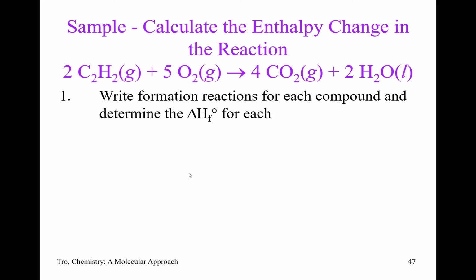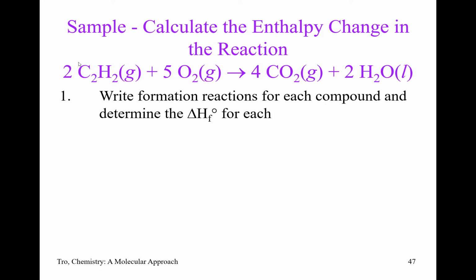Okay, so let's do one where it isn't all plotted out. This one is C2H2, acetylene, which is a welding gas, a torch that they use to melt and combine metals or cut metals. We're basically going to do the same process here. Oxygen's free. We need to split apart the C2H2.